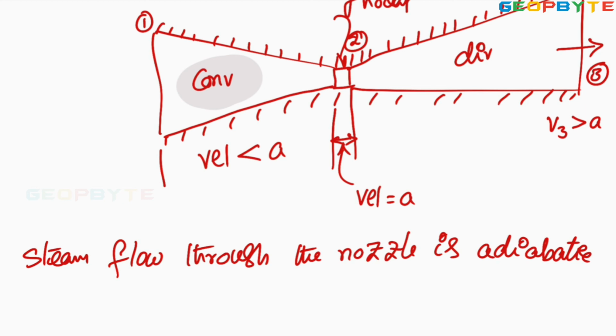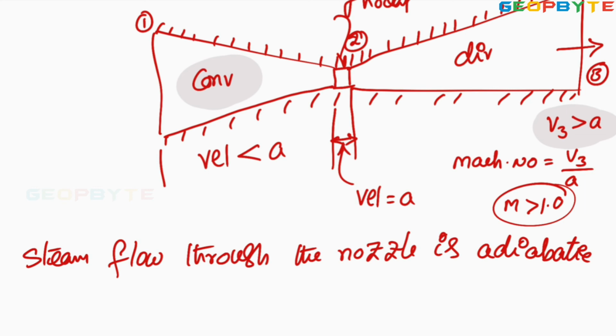Since the flow velocity at the exit of the converging diverging nozzle is more than sound velocity, what is the Mach number? Mach number equals flow velocity divided by sound velocity. Since the flow velocity is more than sound velocity, Mach number M is greater than 1.